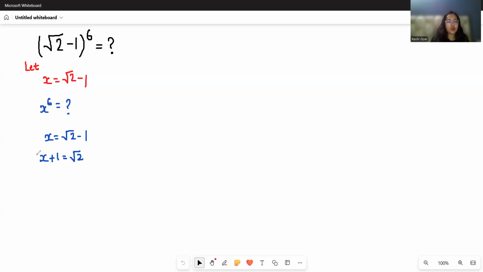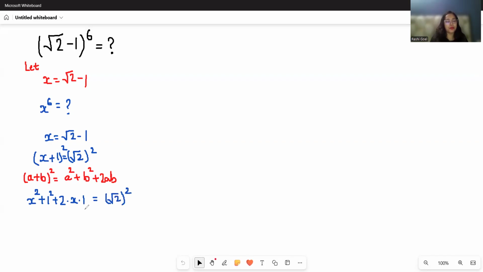Now I'm going to do squaring on both sides. And on the left hand side I'm going to use the identity, that is (a plus b) whole square equals a square plus b square plus 2ab, where a is x and b is 1. So x square plus 1 square plus 2 times x times 1 equals root 2 square.